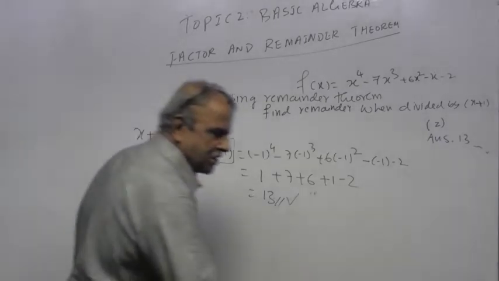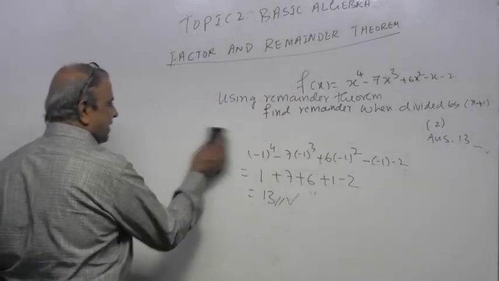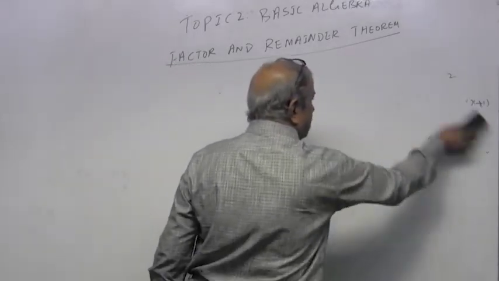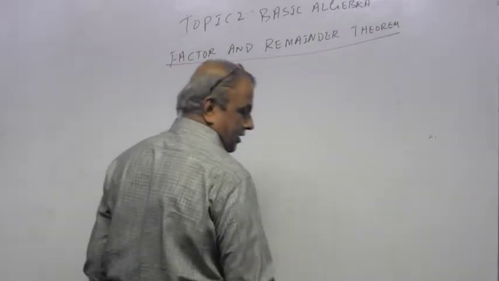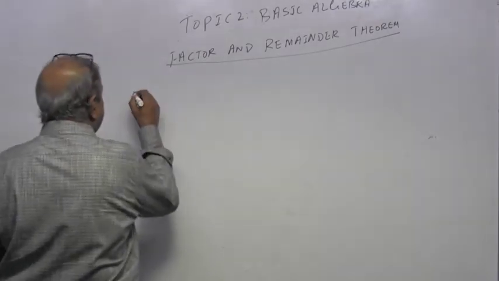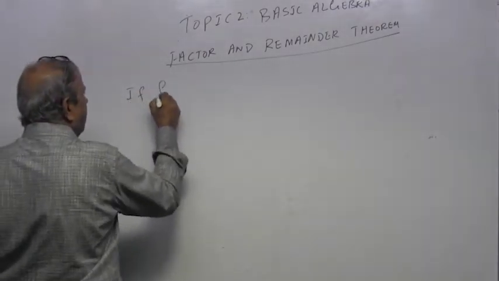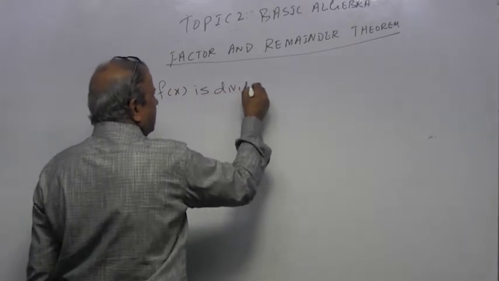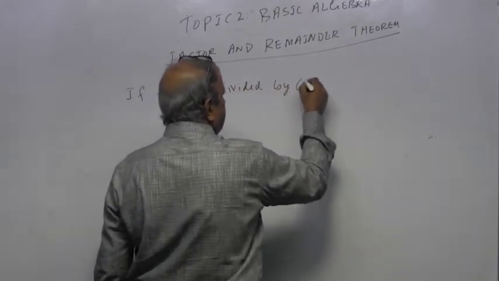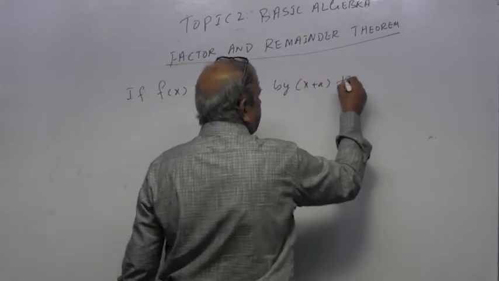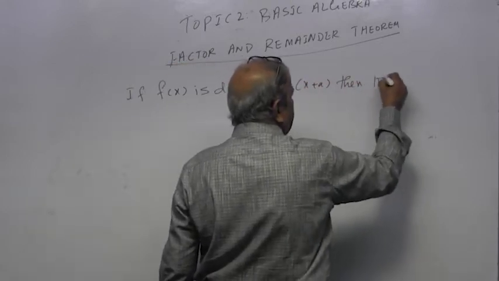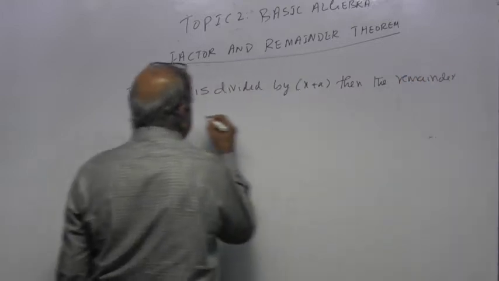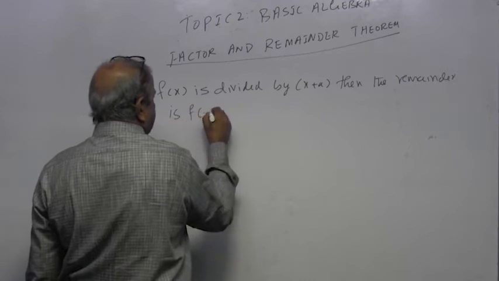So, in a nutshell, I just took an example to show you what remainder theorem is. So, in general, we can say if f of x is divided by x plus a, then the remainder is f of minus a.